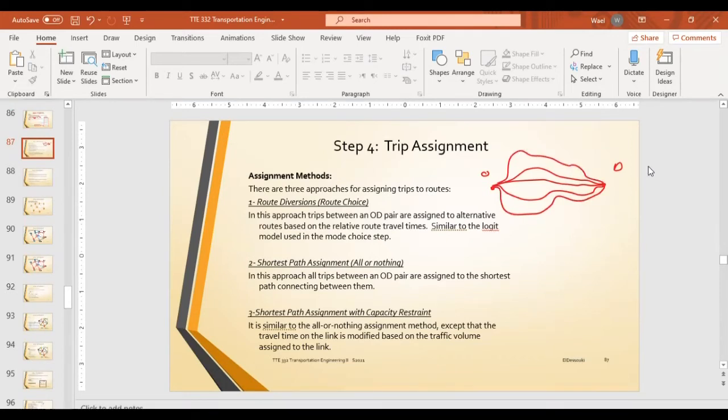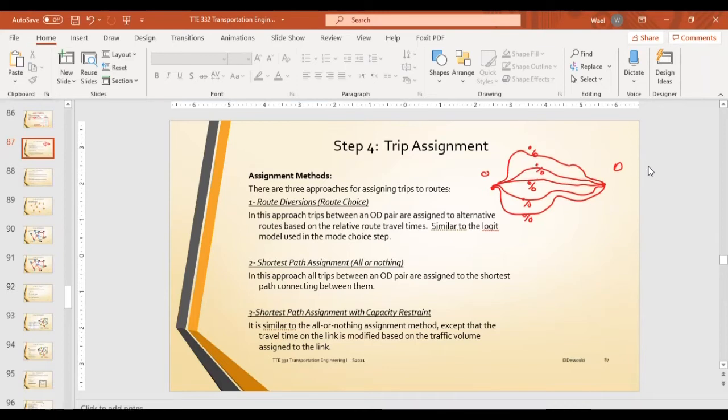So there are different routes, but there are different travel times, and there is a different percentage for each of those routes. So in the route diversion approach, trips between an OD pair are assigned to alternative routes based on the relative route travel time, similar to the logit model used in mode choice.